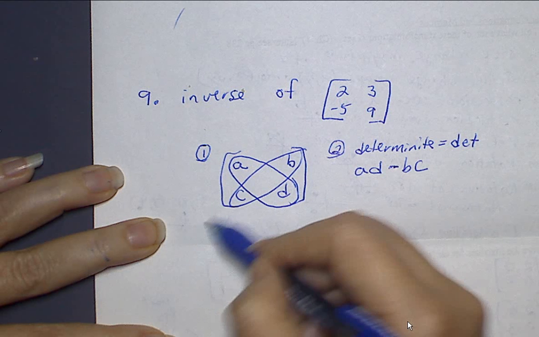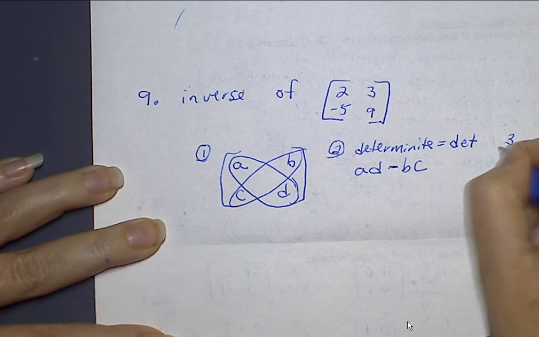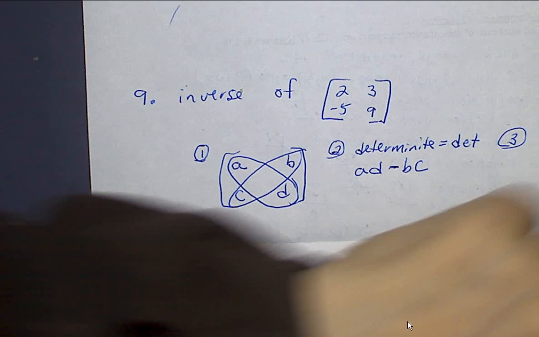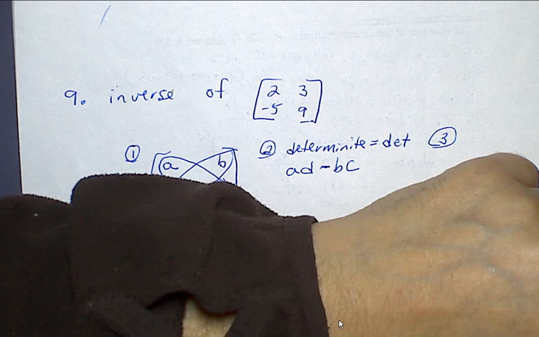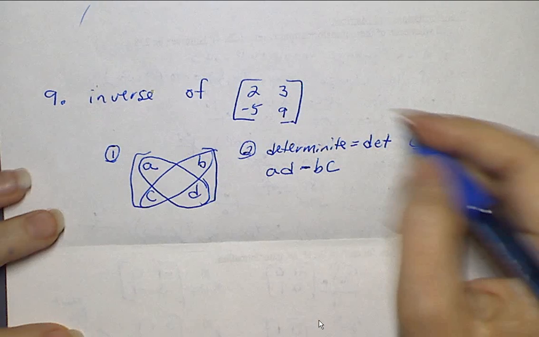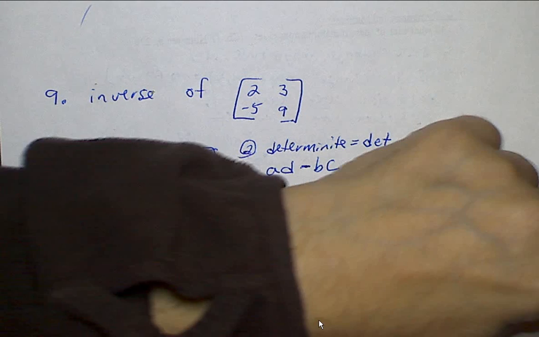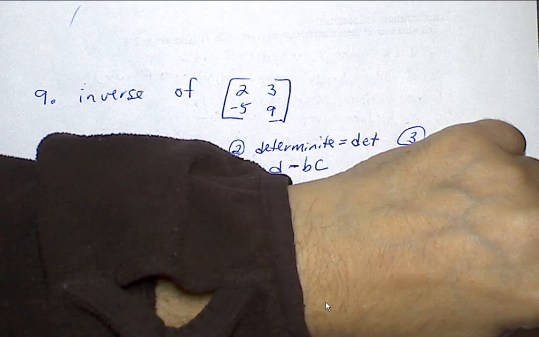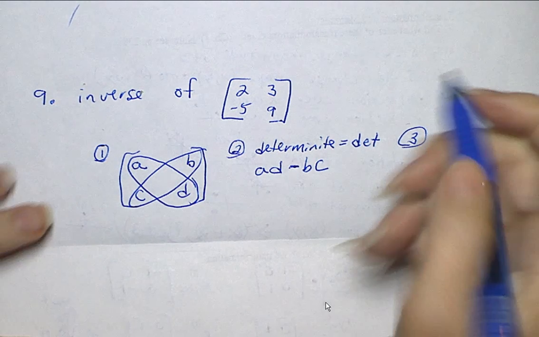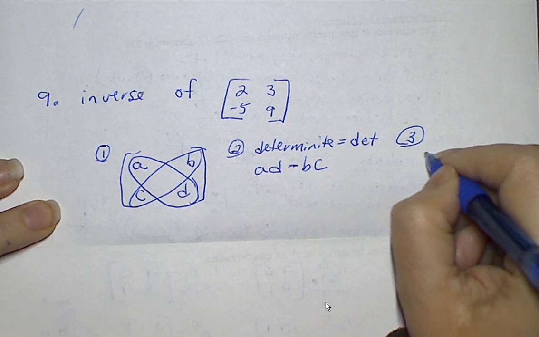And then the third thing, and I'm going to move my thing over so that when I'm writing, you're going to see everything. There you go. The third thing is we need D, A and D switch places.